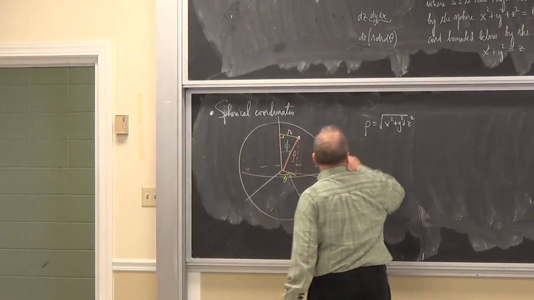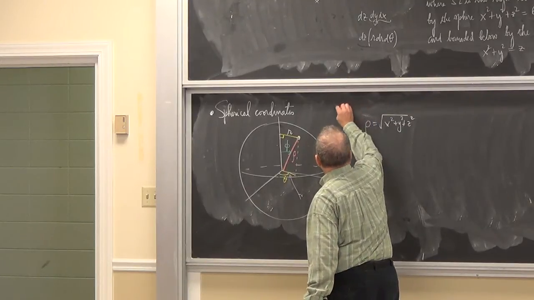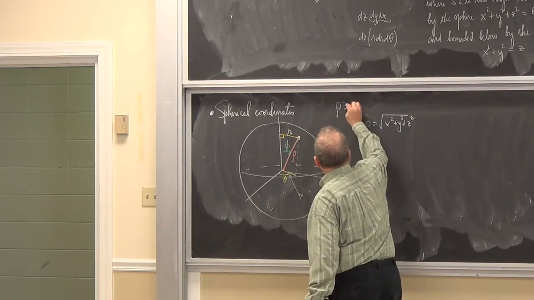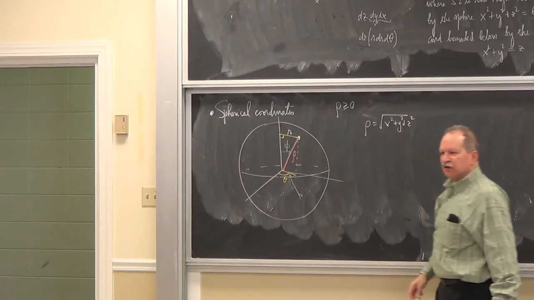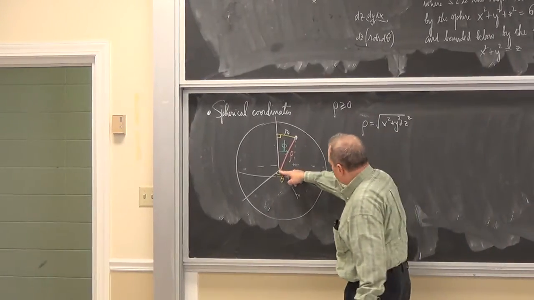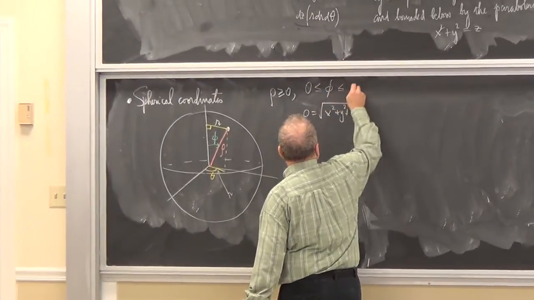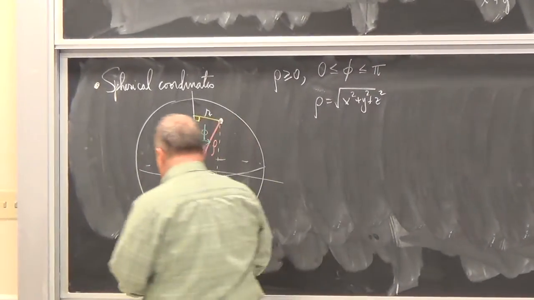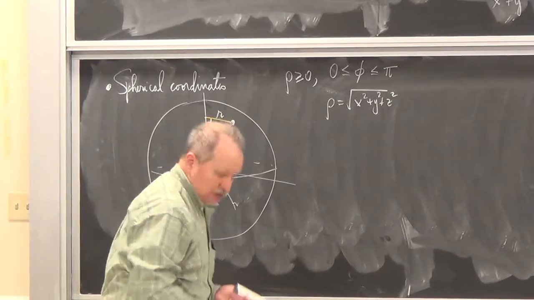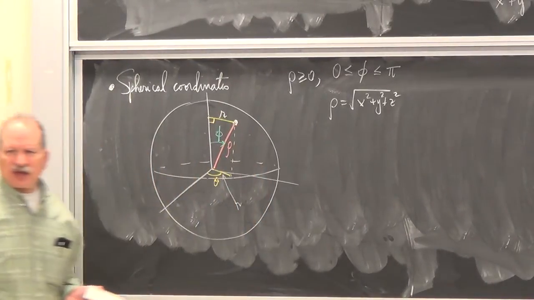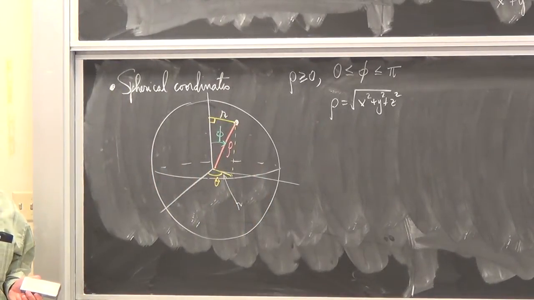So rho, again, customarily is going to go only from 0 up. It literally means distance. Phi is only going to go between 0 and pi. So phi is what you would normally think of as being related to latitude, but it's not quite.